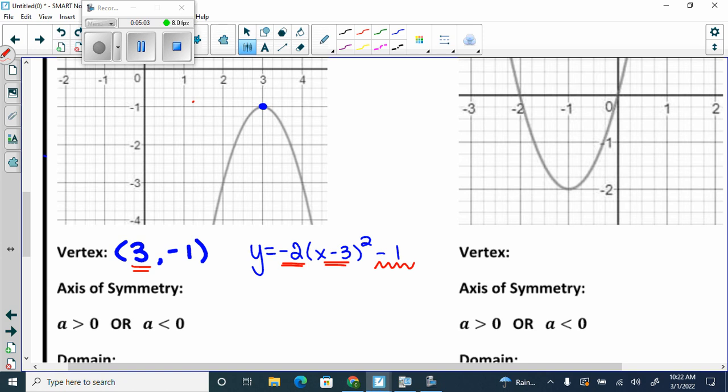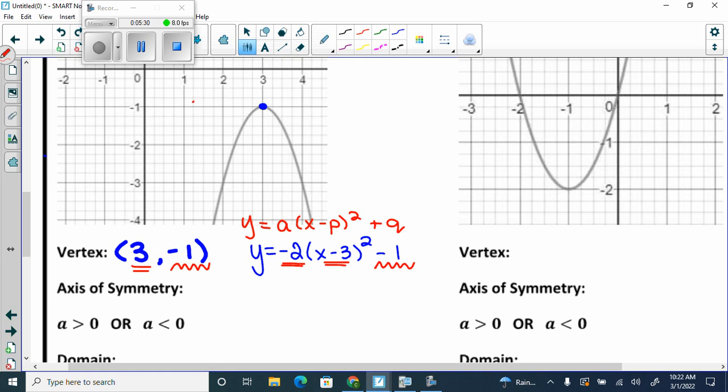So this matches the vertex. That's called vertex form. This here, y equals a(x minus p) squared plus q, that's vertex form. Why? Because it gives you the vertex. Isn't it crazy? Good word. So it's vertex form because it gives you the vertex.